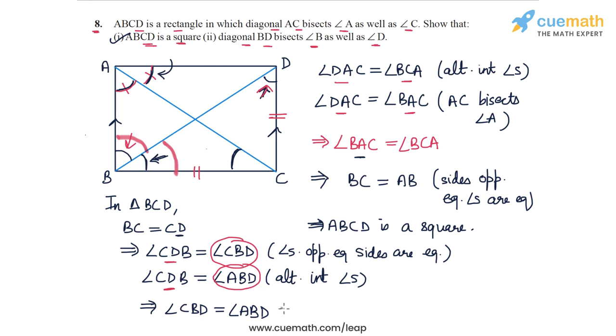And from here we can now conclude that BD bisects angle B. And similarly we can show that the angle at D is also getting bisected. But if this question comes on an actual test, once you have shown that BD bisects angle B, you can simply write that in a similar way BD will bisect angle D also. Okay, so that completes part 2, and with this we have completed question number 8.